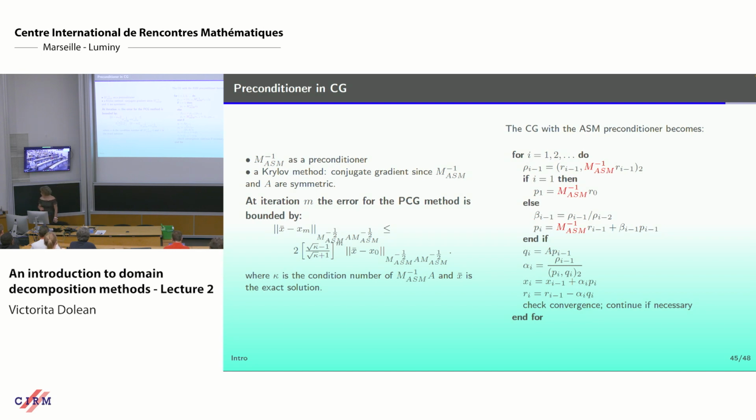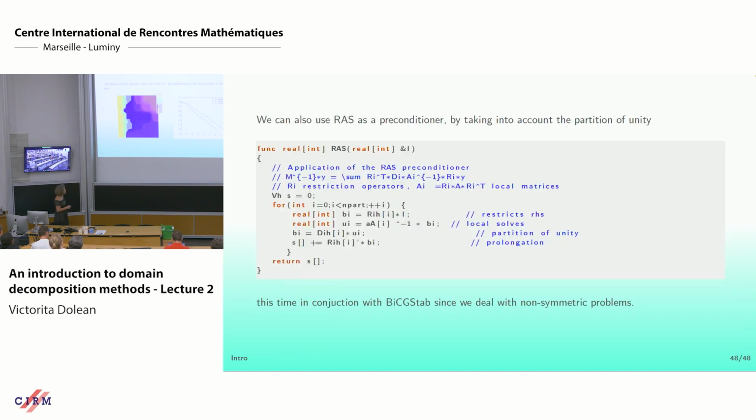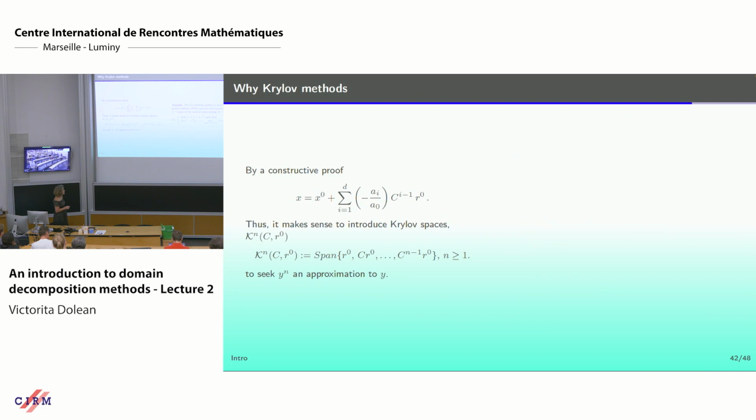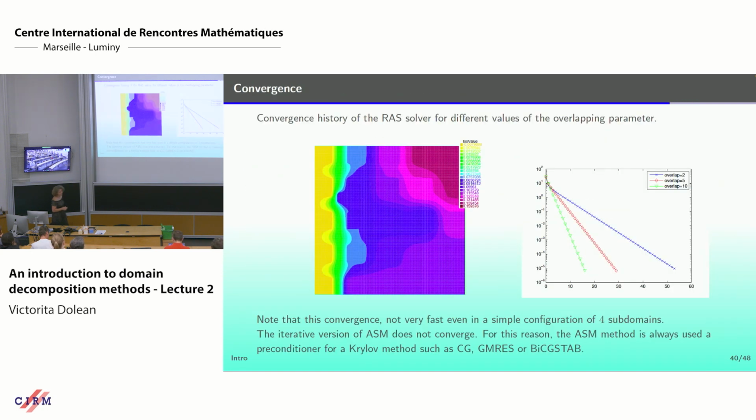So now just to wrap up, I show you again the curves of yesterday. Now probably it makes a bit more sense in light of what I just told you. Here I just solve a problem. This is the solution, probably not very meaningful, of a Poisson problem with different kinds of boundary conditions everywhere. Then I solve it by a Schwarz iterative method, so it's a purely iterative one, the fixed point iteration with the preconditioner.